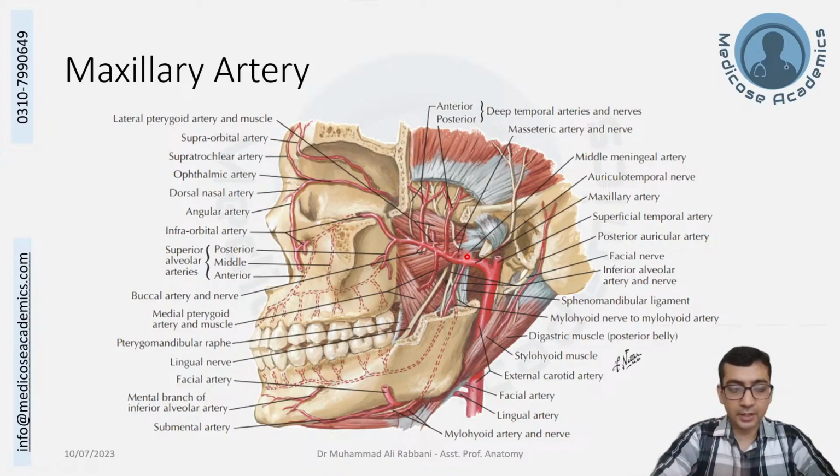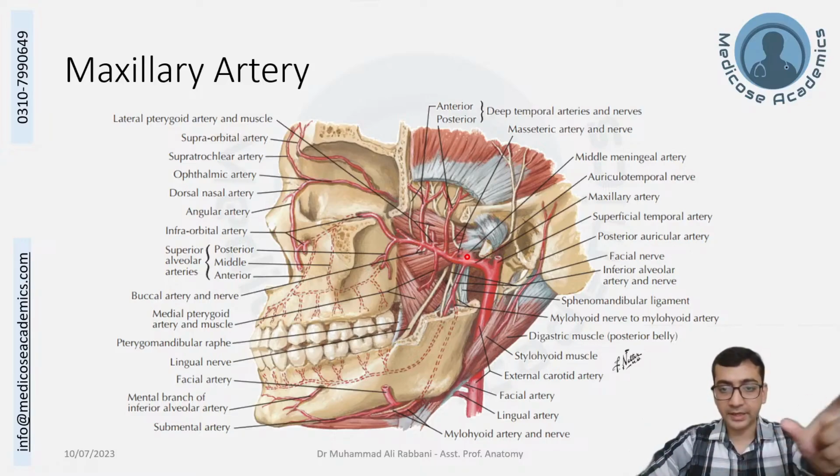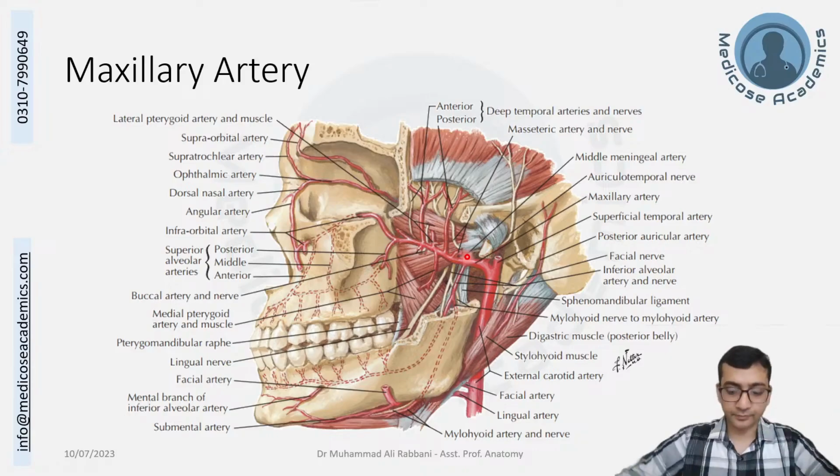Netter's atlas, which I'm using right now, has made it lateral to the lateral pterygoid muscle. Grant's atlas, the one in Keith Moore's Clinical Anatomy, has drawn it medial to the muscle. So don't get confused by that. It is a normal variation that it may be present on either side.